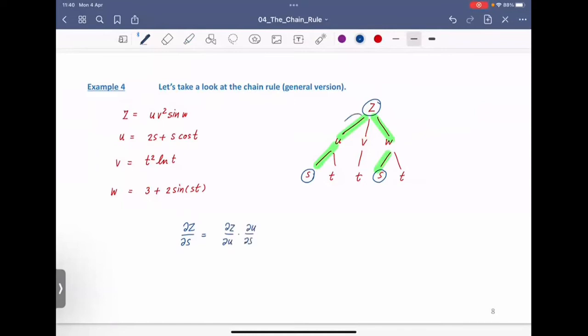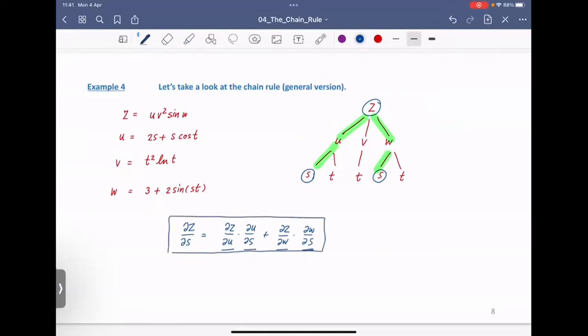This is going to represent the first line here. Okay, and the second one is you can do curl c by curl w and curl w by curl s. And then that will be your answer. So if you differentiate, and then you get this four term, you multiply and add them up. This is going to be the answer, okay?